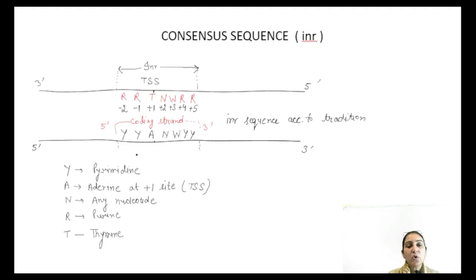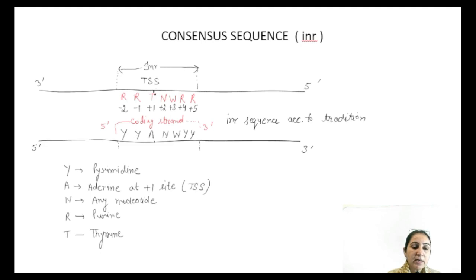As we know, all the consensus sequences are written with respect to the coding strand from 5' to 3' direction. So, suppose this is the template strand for transcription and this is the coding strand. This one is the non-coding strand. This is the coding strand.